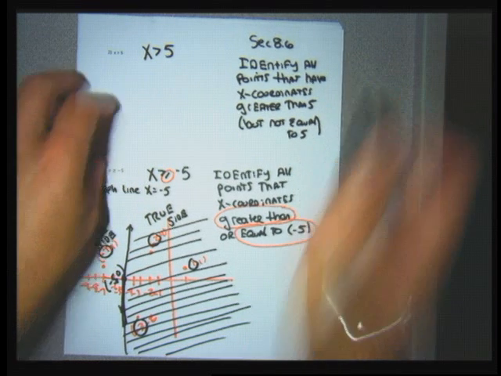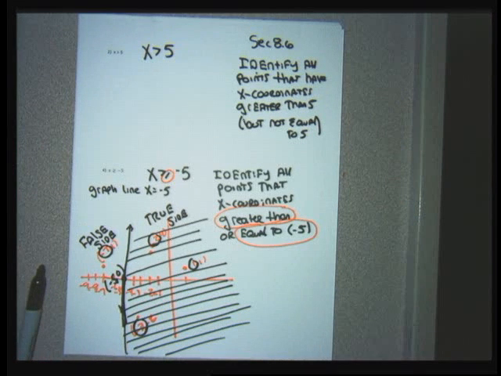Unlike the last problem, where the inequality had the "or equal to," this one doesn't have the "or equal to." It'd be really tempting to do this problem by drawing a vertical line that goes through 6, because 6 is maybe the first number you can think of bigger than 5.